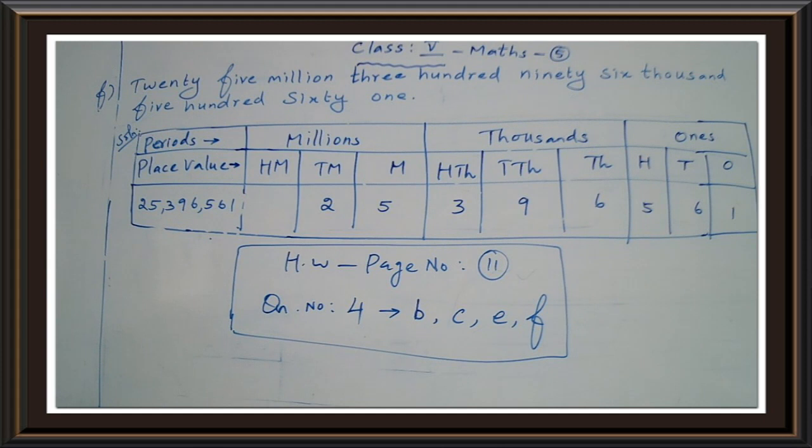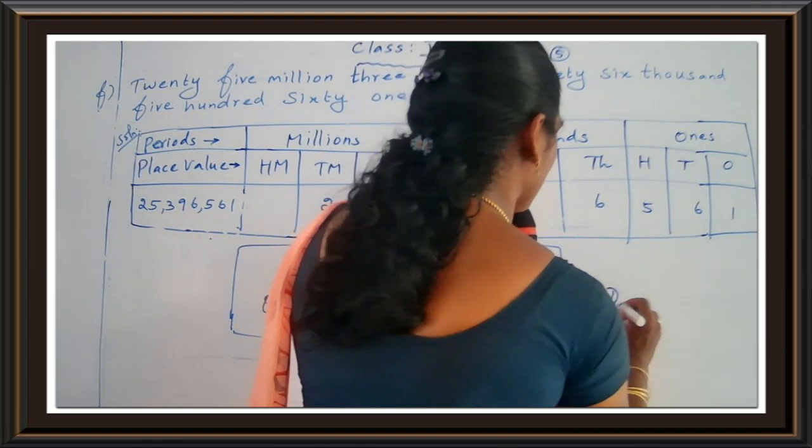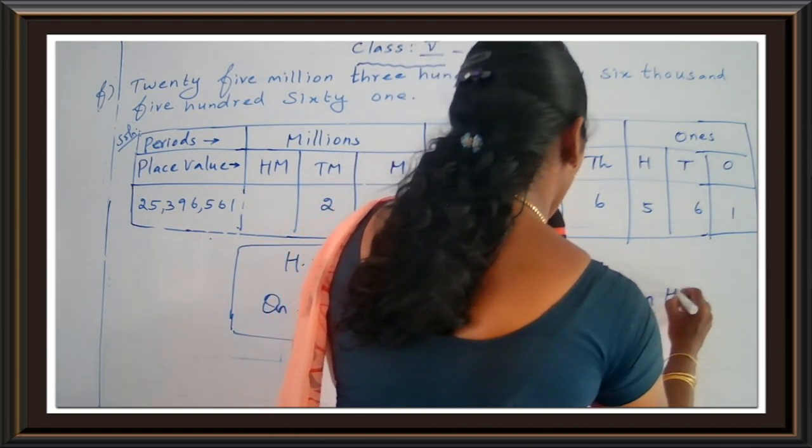In exercise 1.2, question number 4, you mark the homework questions: B, C, E, F. You make a place value chart using the international place value system. Okay, children? These homeworks do in homework note only.